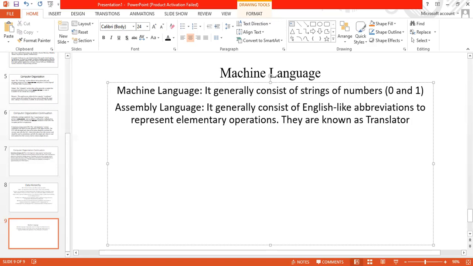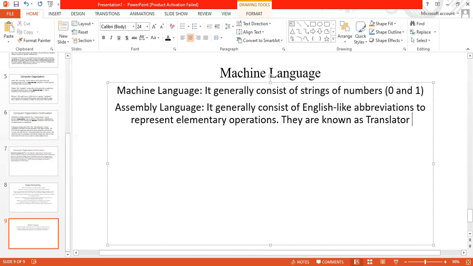But we'll be wondering, how does the computer understand? Because I said the only language that the computer understands is zeros and ones. But with assembly language, they are known to be translators that help to translate every English-like abbreviation, English-like words that we've written.